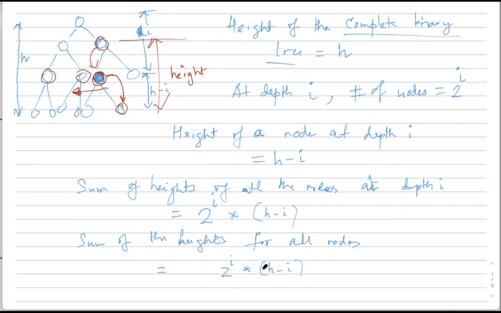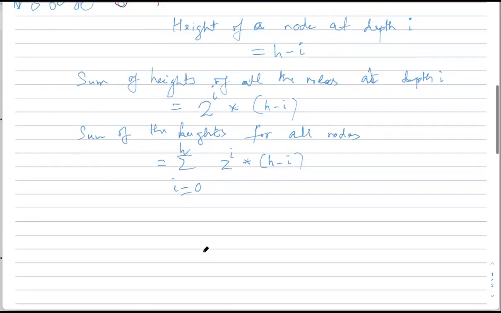So all the nodes which are spanning the overall height. At depth I, the depth can span from 0 until H. So this is going to be the overall sum of the heights of all the nodes.